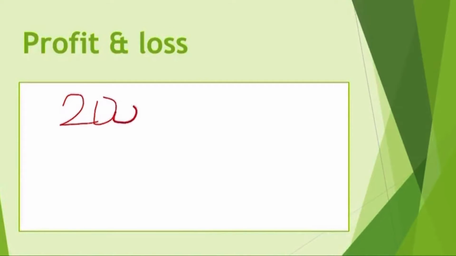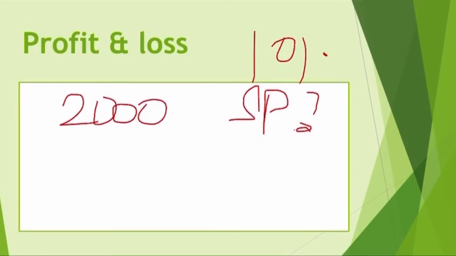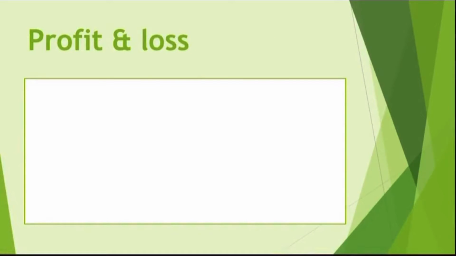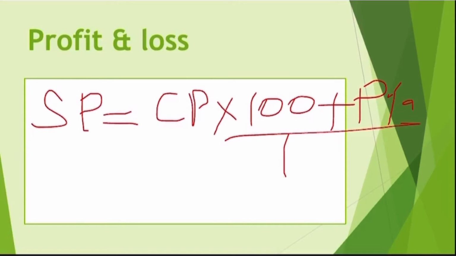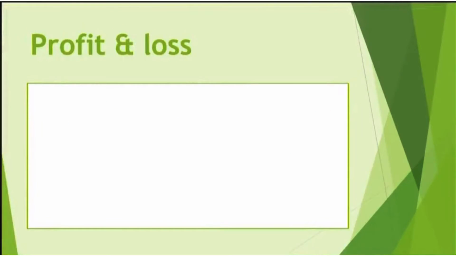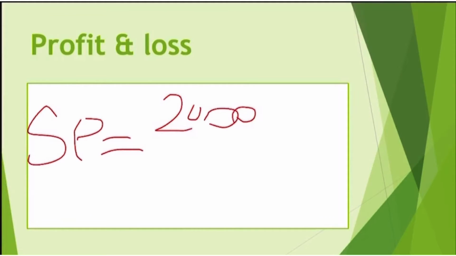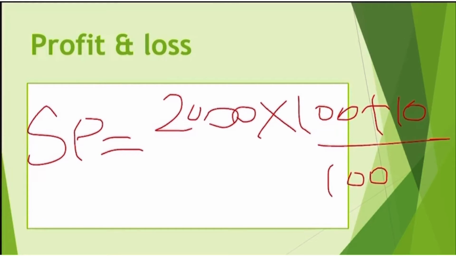Now if this 2000 is the cost price, what should be the selling price so that the seller has 10% of profit? We will use the formula here. Selling price is equal to cost price into 100 plus profit percentage by 100. We can use this formula when we know the cost price and the profit percentage. Now, applying the known values in the formula, 2000 into 100 plus 10 divided by 100.